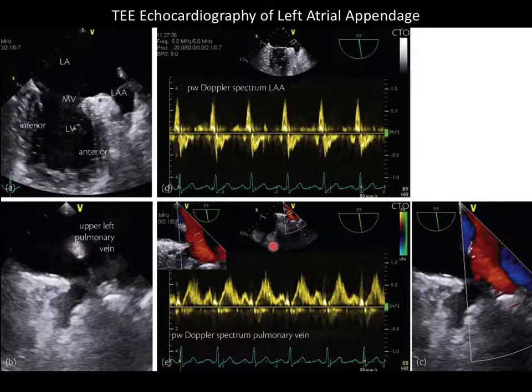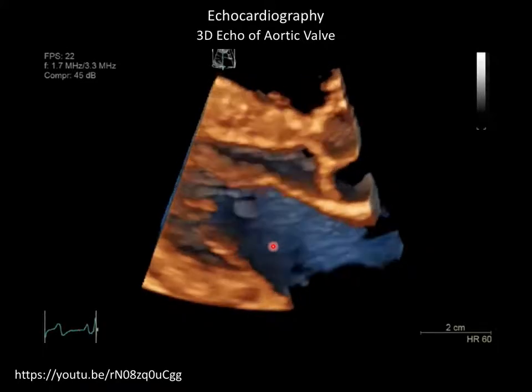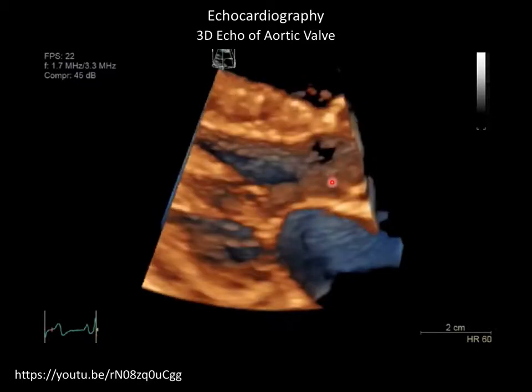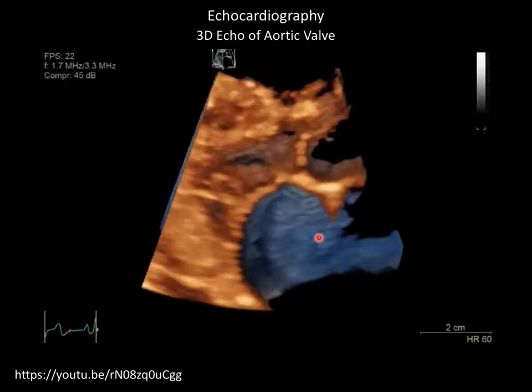And so when we turn that movie on, there we go. We can see the leaflets of the aortic valve closing and the leaflets of the mitral valve closing.